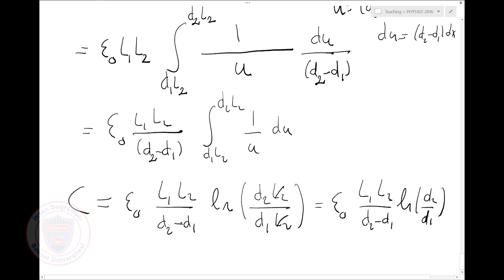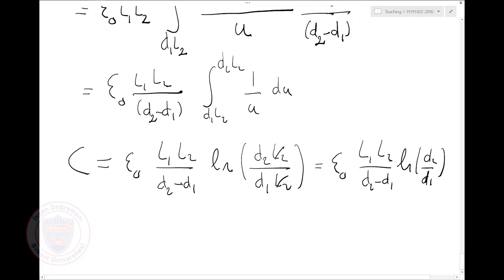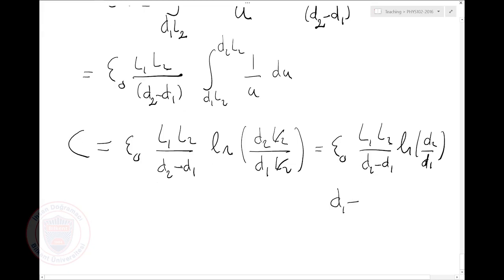Now it's not super easy to check if we get the correct limit when d1 goes to d2. When d1 goes to d2, what should I have? I should have epsilon 0 L1 times L2 divided by d, or d1, right?